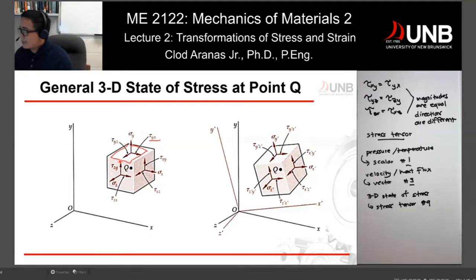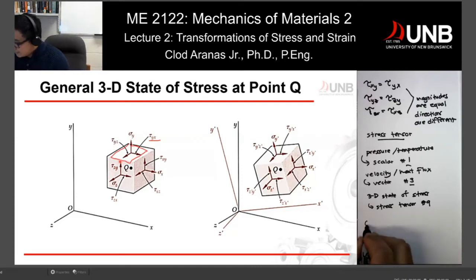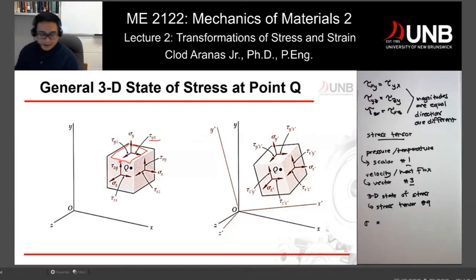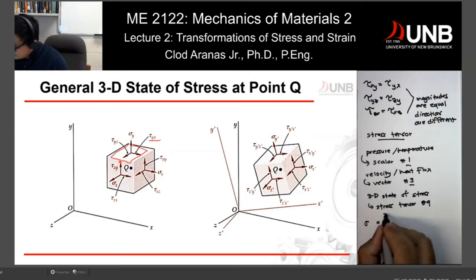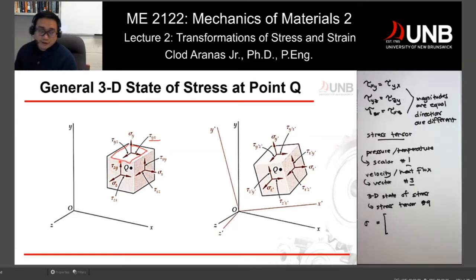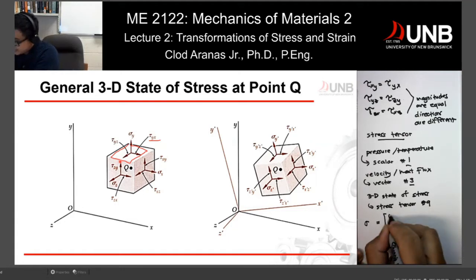We can write it as a matrix. That would be your stress tensor at a certain point. By the way, we're not going to discuss stress tensors more, as that is more towards advanced stress analysis, but I'm just describing how you can make sense of all those normal and shear stresses in a 3D state of stress. So you can write it in a stress tensor in the following way.